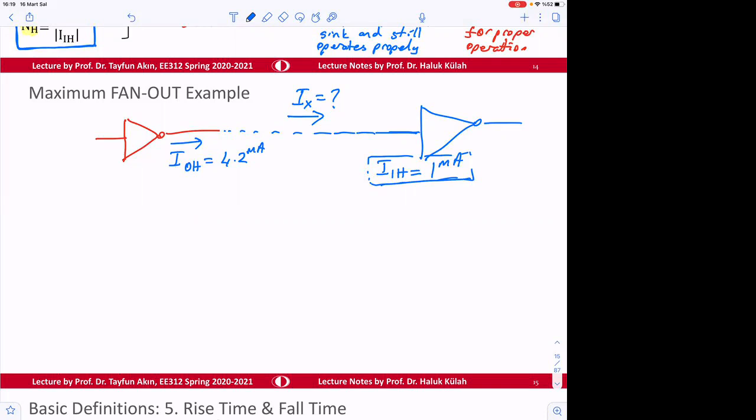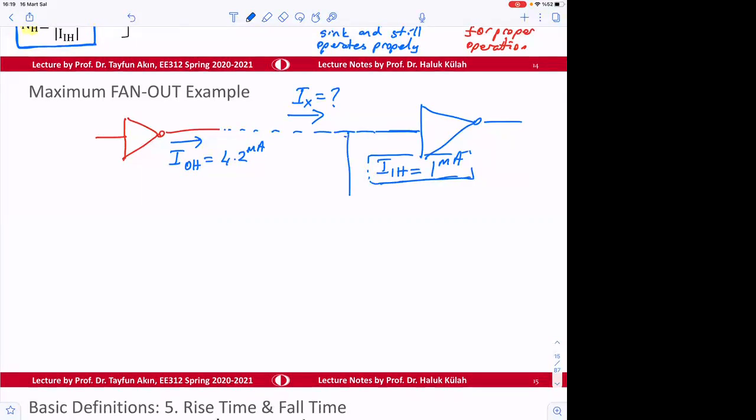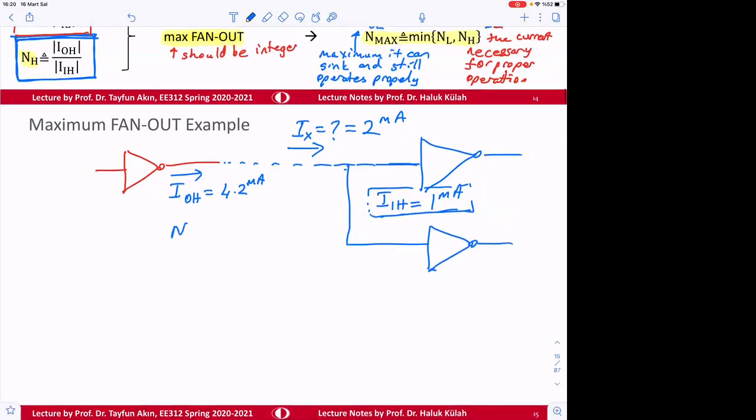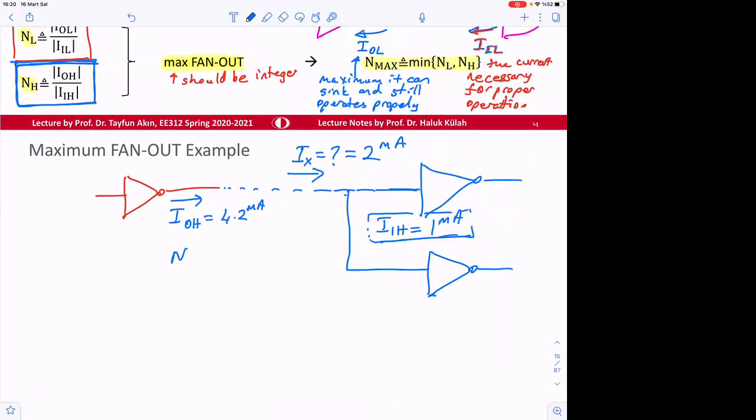If I connect 2, what is Ix here? 2 milliamp. Yes. So what is N high?